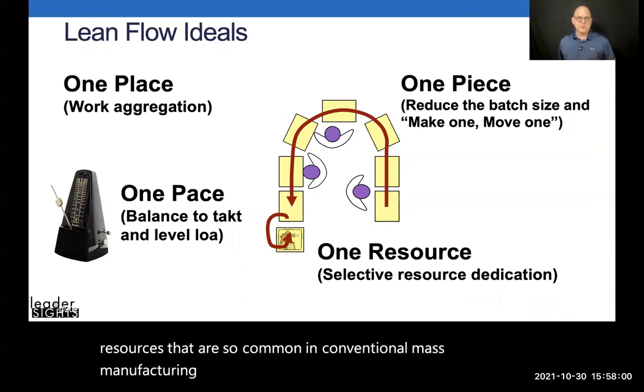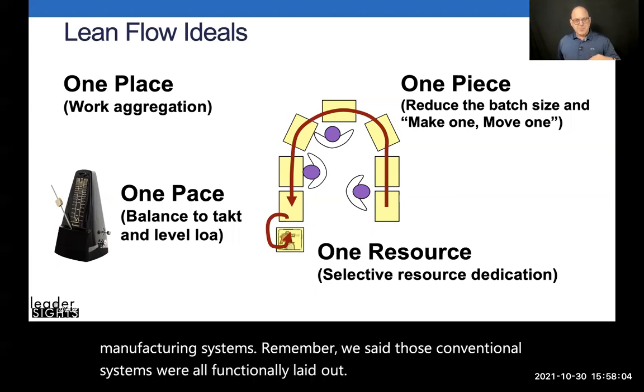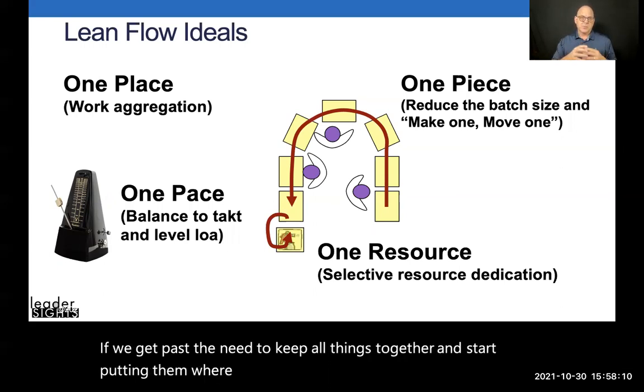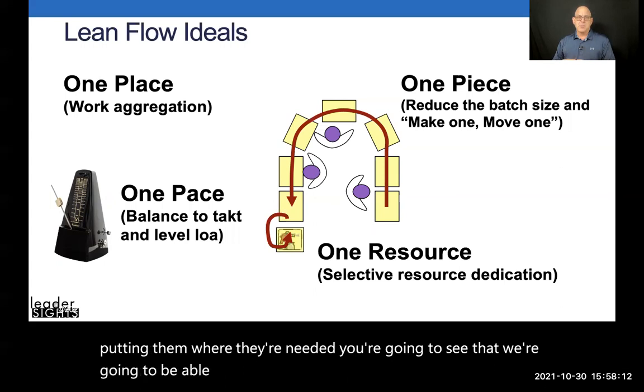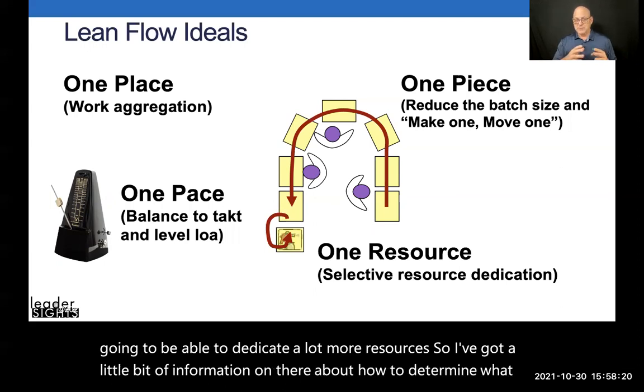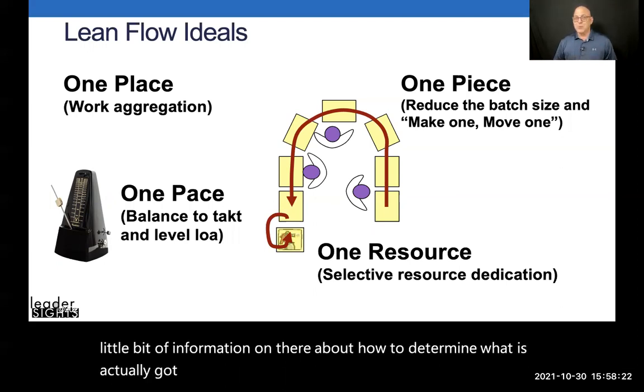Remember, we said those conventional systems were all functionally laid out. If we get past the need to keep all like things together and start putting them where they're needed, you're going to see that we're going to be able to dedicate a lot more resources. So I've got a little bit of information on there about how to determine what actually has to stay a shared resource and what needs to go.